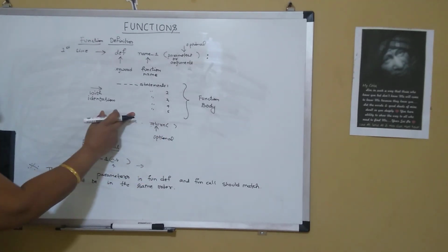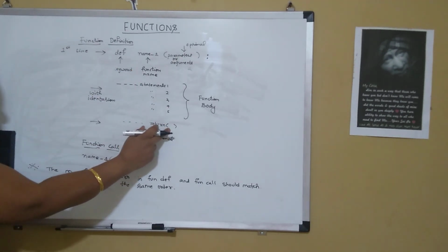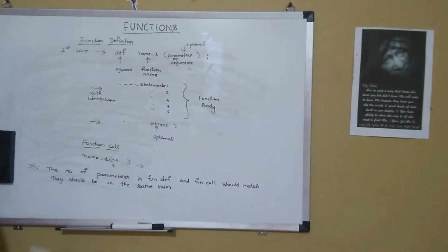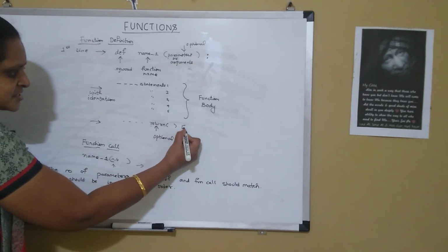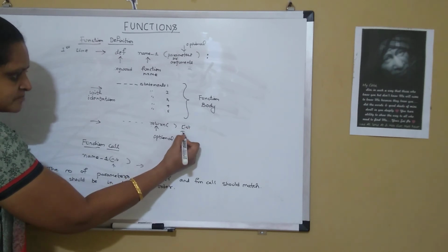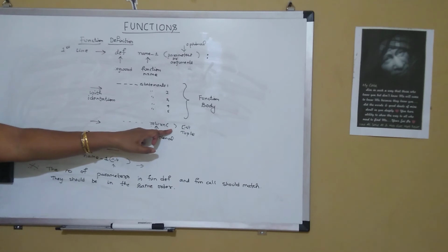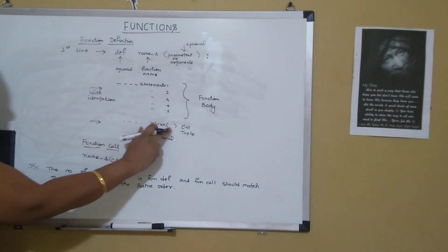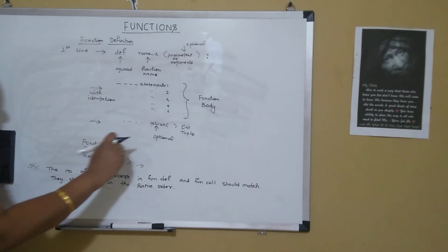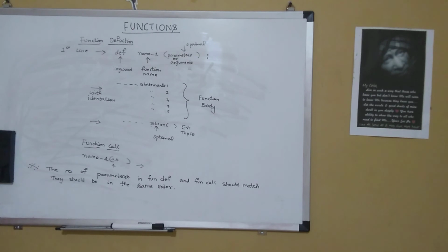It can just print an output in the function, or it can return an output, one output or multiple outputs enclosed within a list or a tuple. If it is one output, we can just send the output to the function caller. If it is n number of outputs, we can enclose them within a list or tuple and send it to the function call.